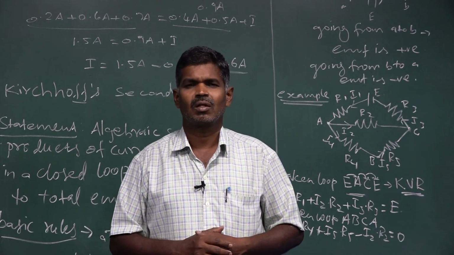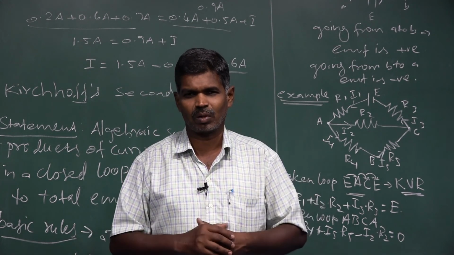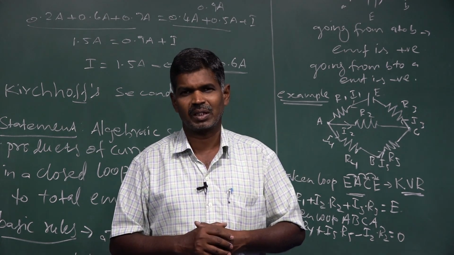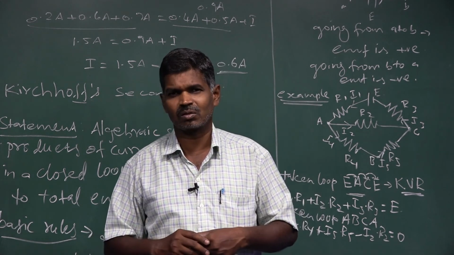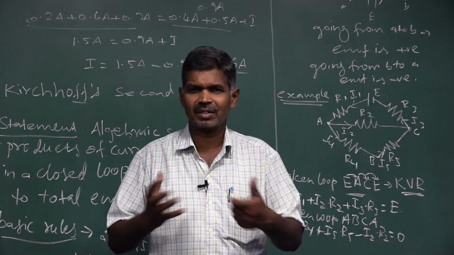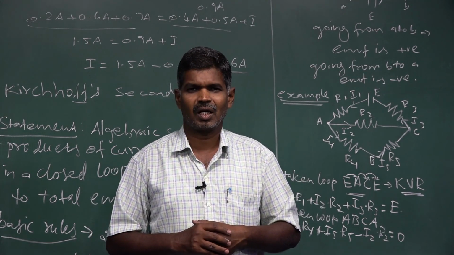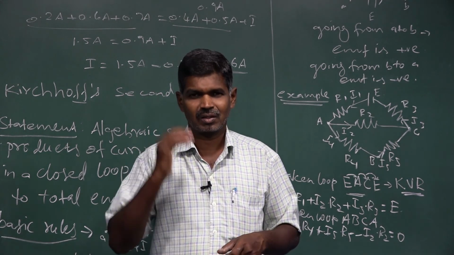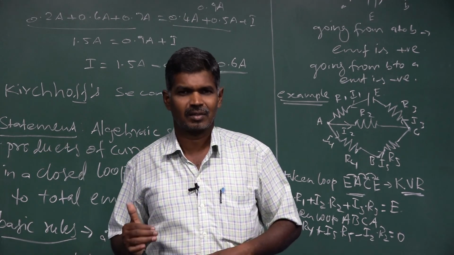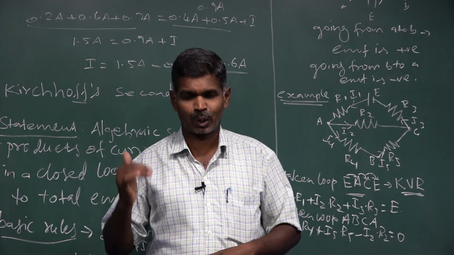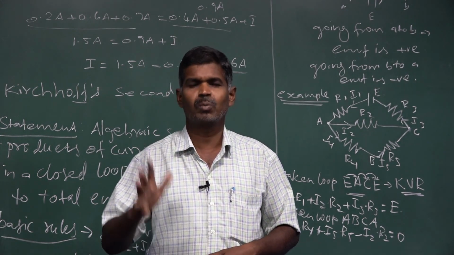These two laws are very useful for complex circuit applications. For simple circuits, Ohm's law alone is enough. For more complex circuits, we cannot apply Ohm's law, and we must use Kirchhoff's laws. The first rule is for applying to a junction, the second rule is for applying to a loop.